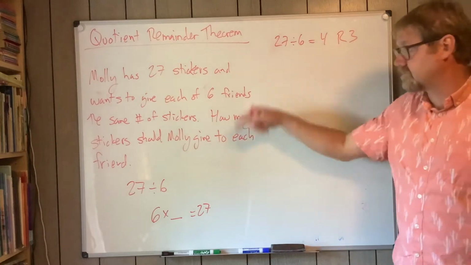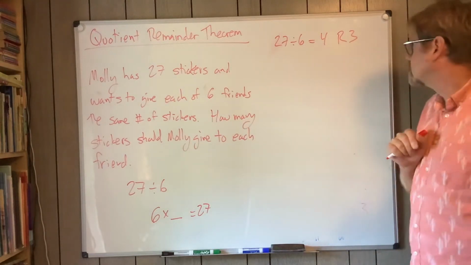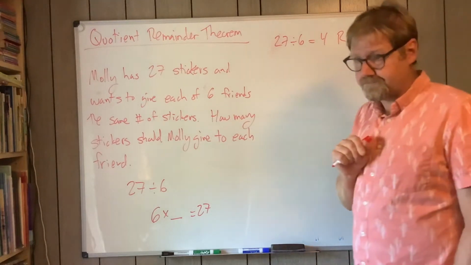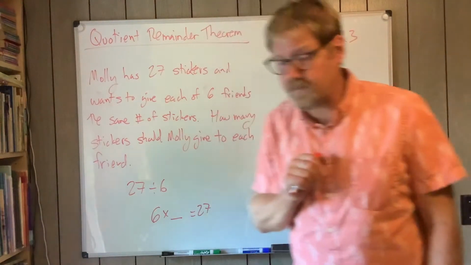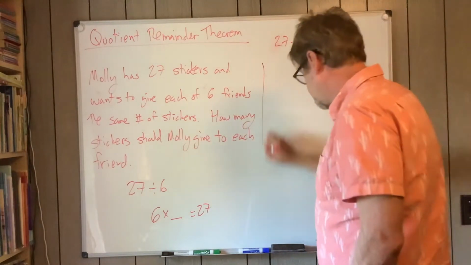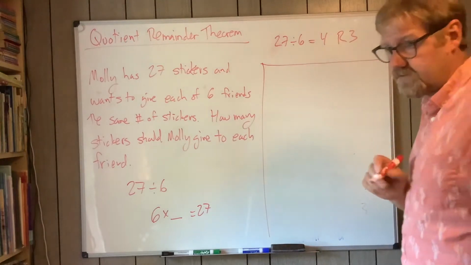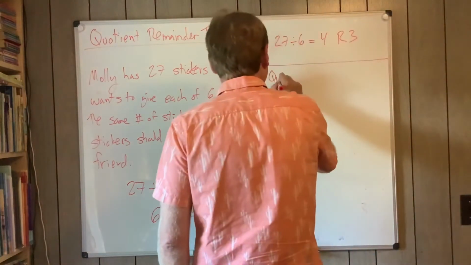Oftentimes questions like this pop up and they have remainders. Now the big thing here is a very important theorem, which is why I want to cover this, called the Quotient Remainder Theorem.